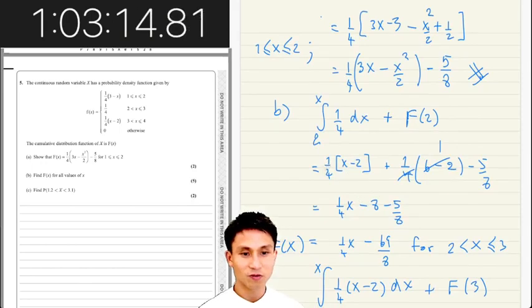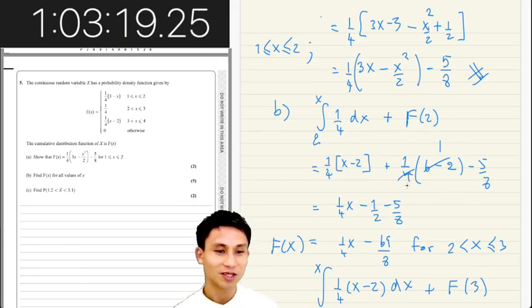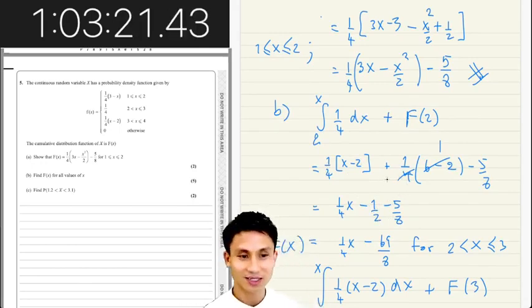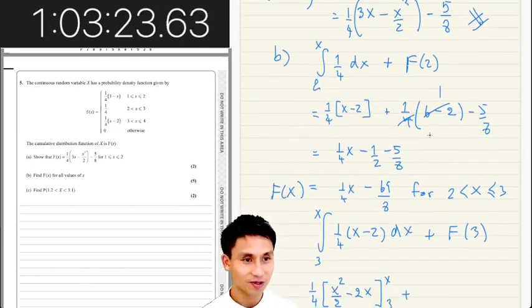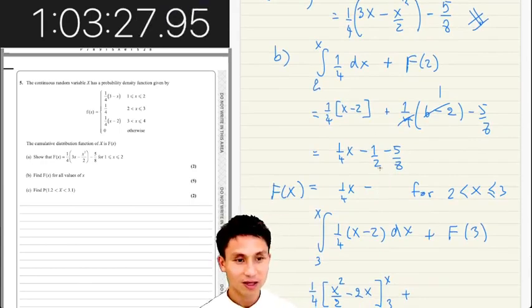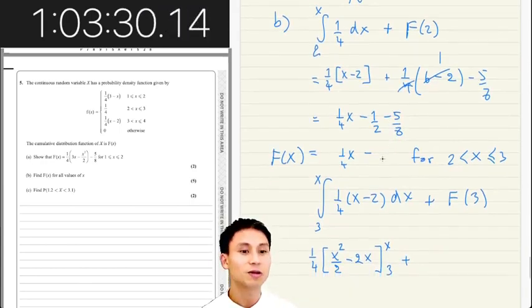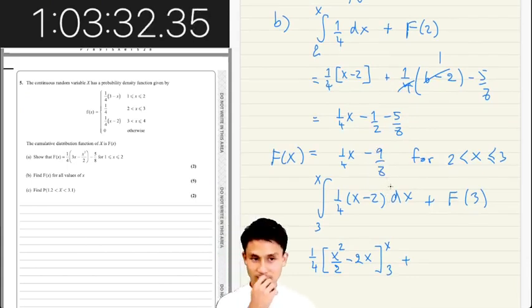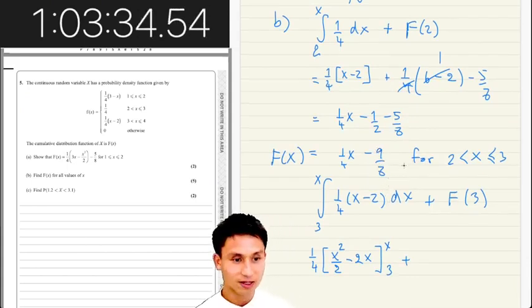Oh no, 1 over 4 times minus 2 is 1 over 2. Look at that, that's a silly mistake. So that instead would be minus a half minus 5 over 8, which would be minus 9 over 8, right? Yeah, I'm happy with that.